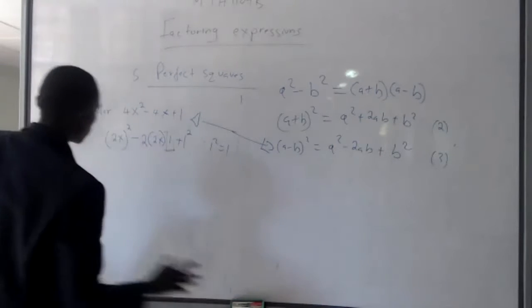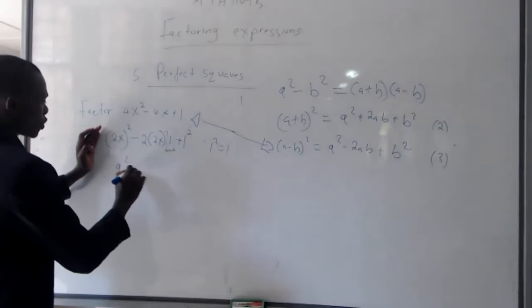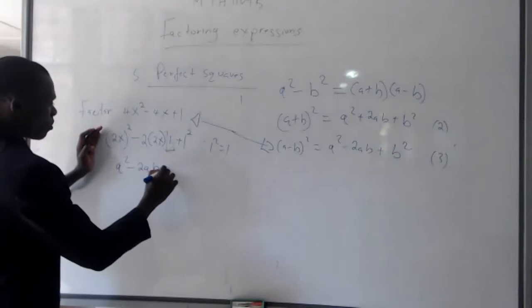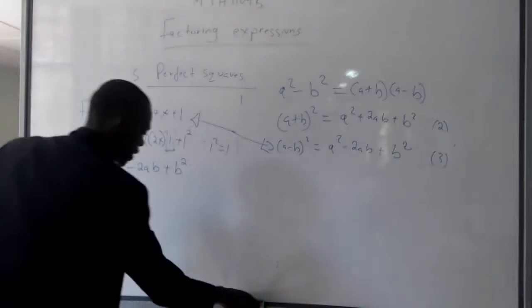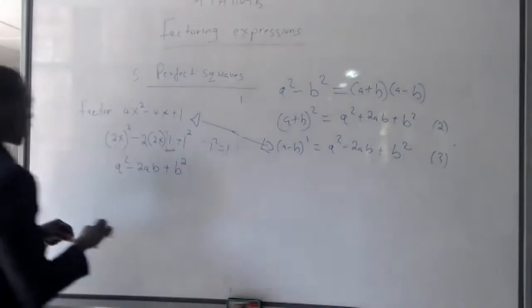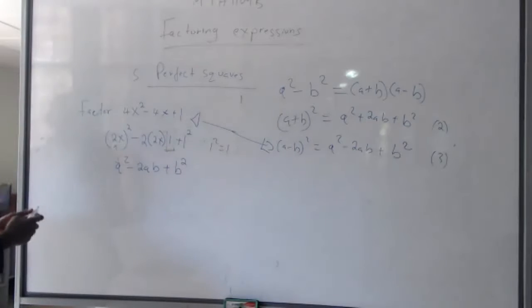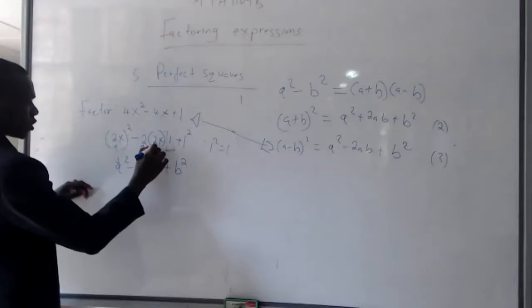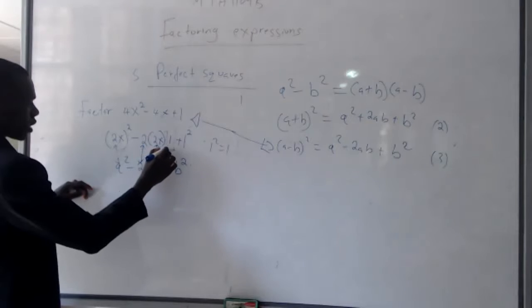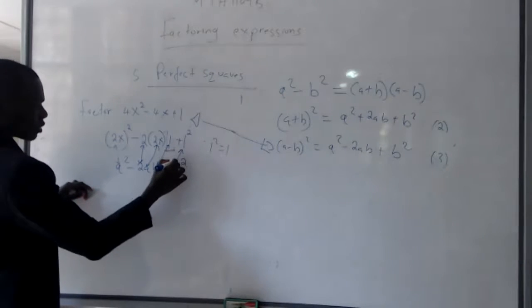So let me tell you why I'm putting it there. Because I want this expression to be in the form a squared minus 2ab plus b squared. So when I write it like this, I can identify 2x with a, and 1 with b.